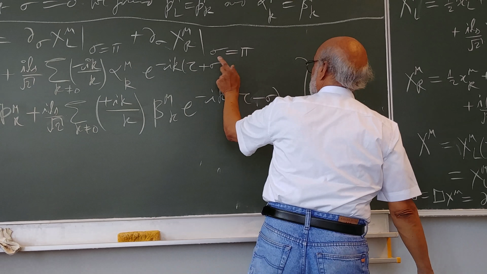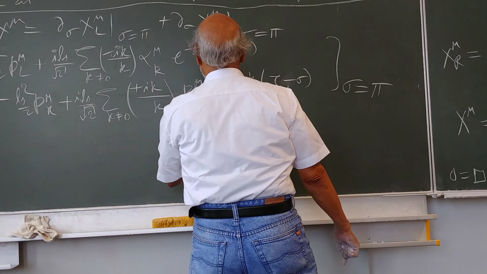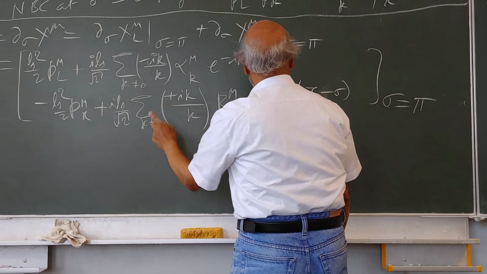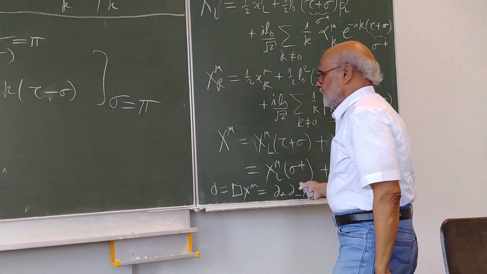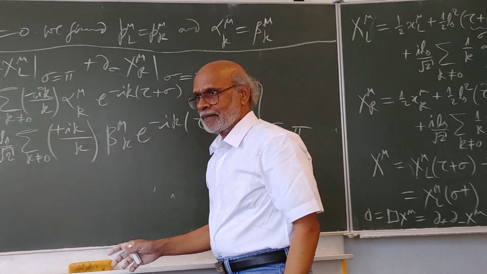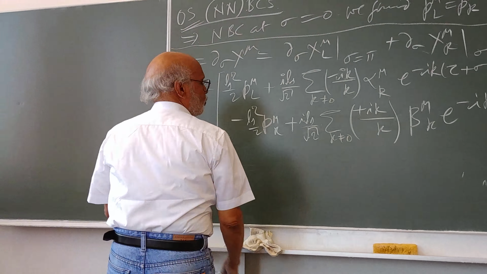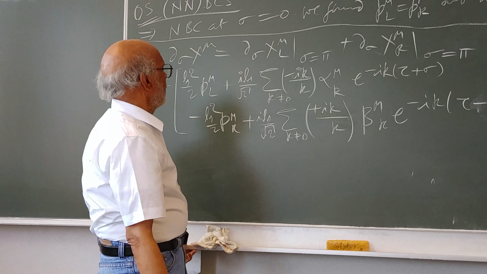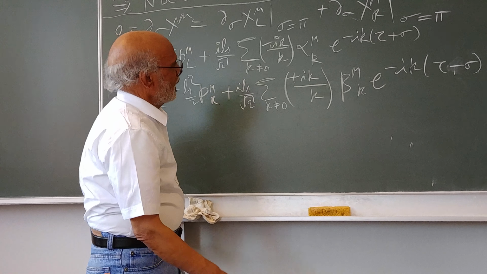Here we had a minus, and here we had more minus, so this is all right. This is what we have at the other end, sigma equals pi.